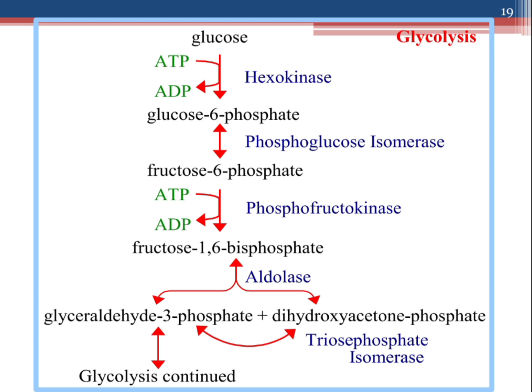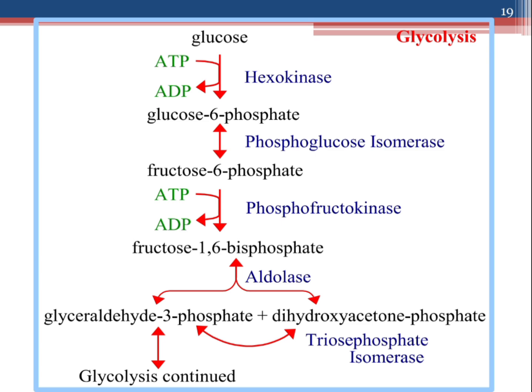They are interconvertible, which means that you can convert each of them to the other form. But what usually happens is that dihydroxyacetone phosphate is converted back into glyceraldehyde 3-phosphate in the presence of triose phosphate isomerase, and we end up having glycolysis continue.